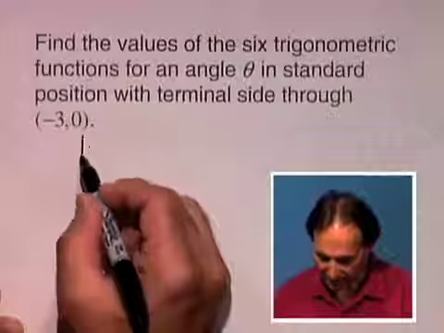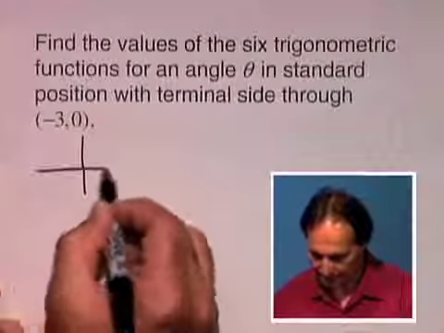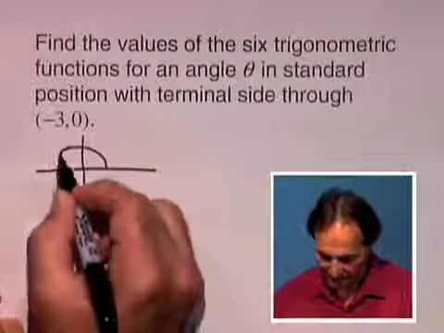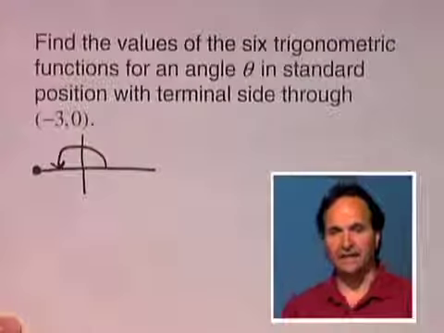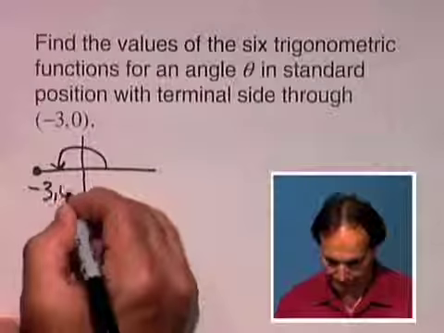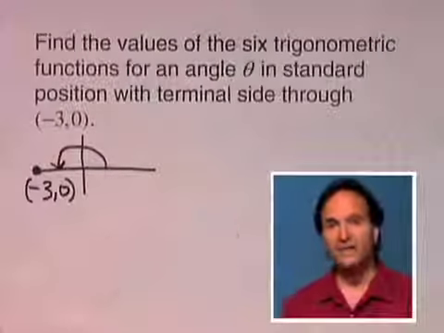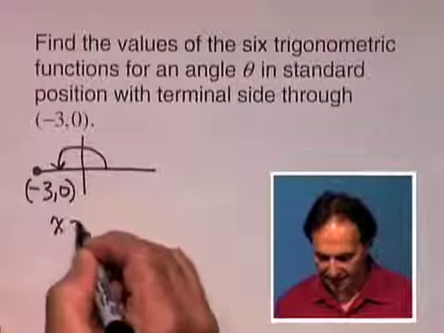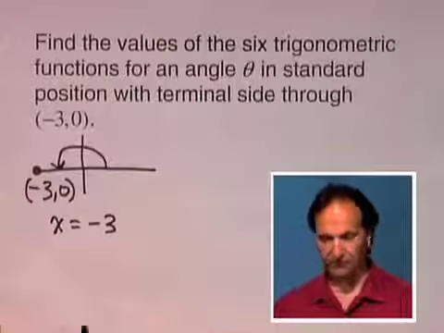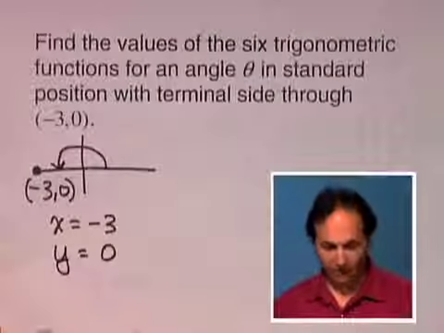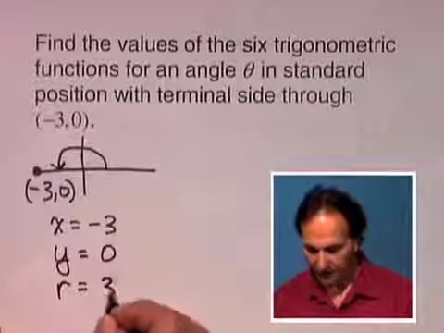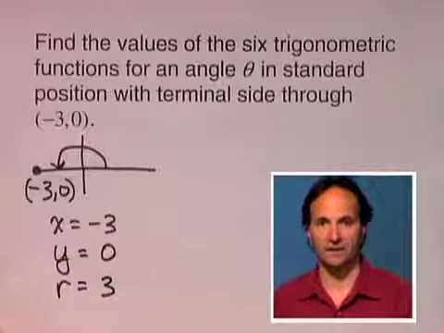So we have our axes, and -3, 0 is going to land us here. Now in this case, we have x equals -3, y equals 0, and of course, r is equal to +3.